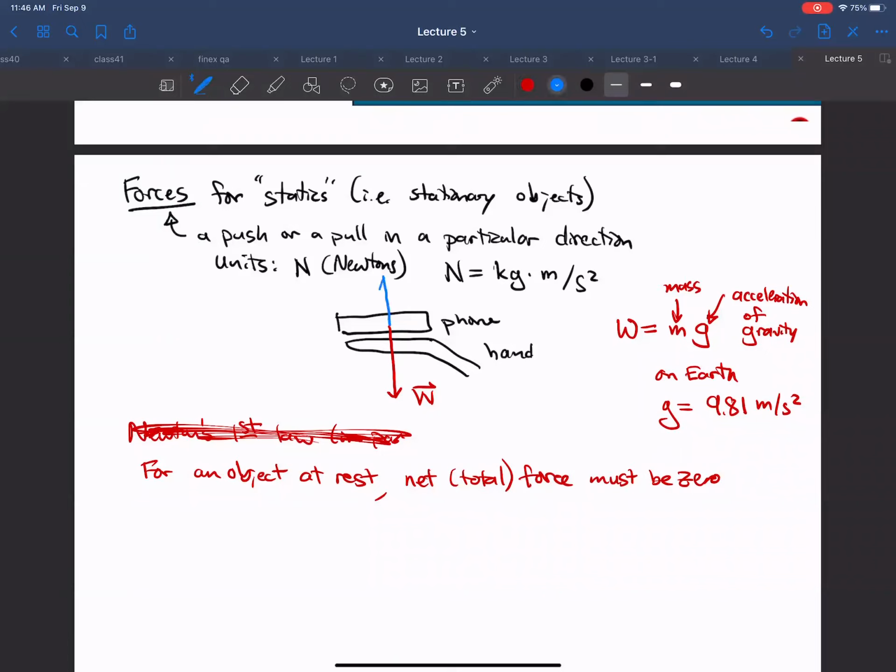It's called the normal force, N. Normal in this case means perpendicular, but we always call it in physics the normal force. It's perpendicular to the surface, the interface between my hand and the phone.